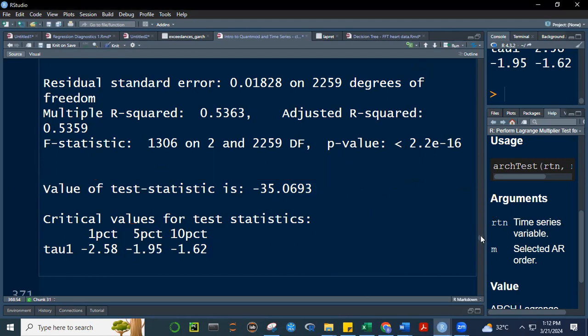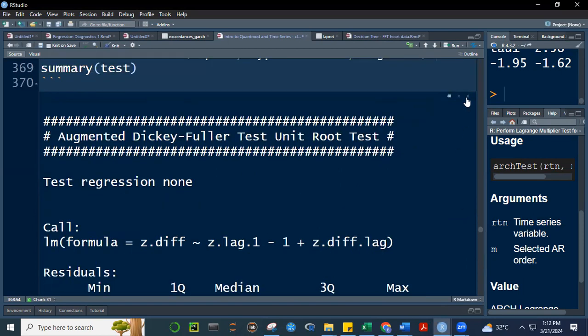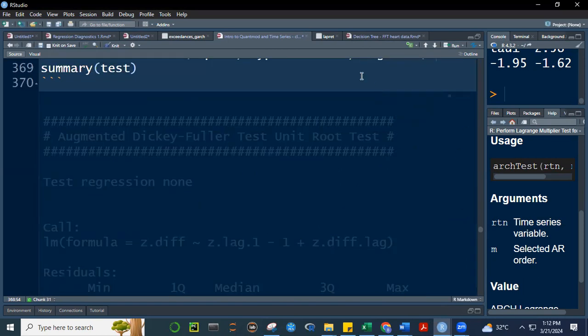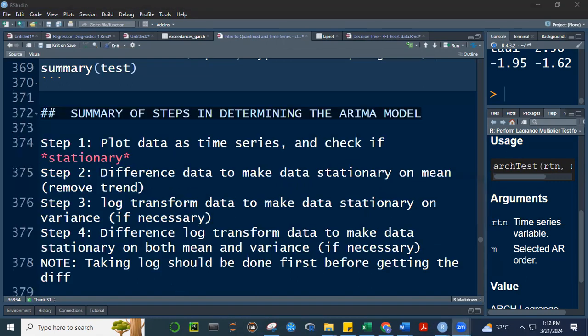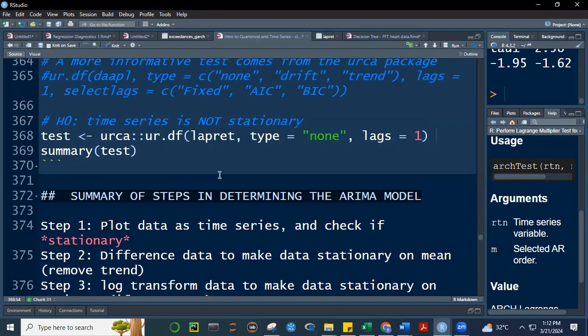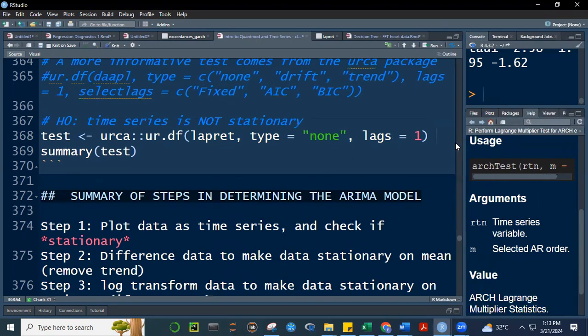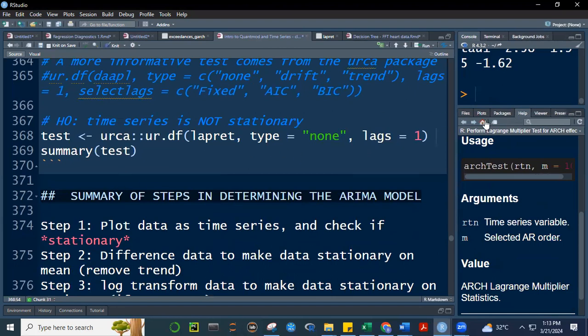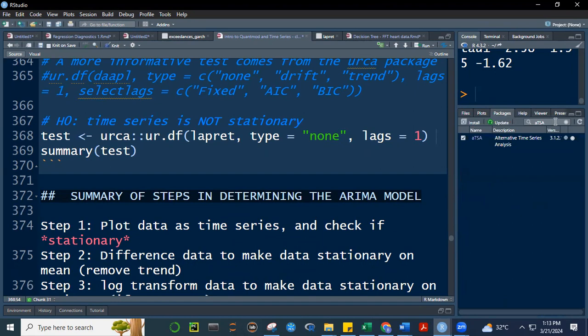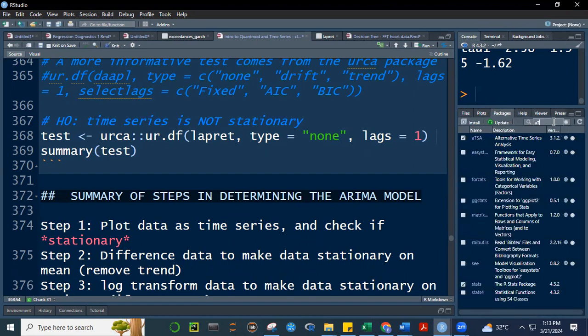So let me pause again for a while, and may I ask your confirmation if you're able to follow the discussion using the urca package, class. The ur.df. If in your case it does not run, then I suggest that you install first the package urca.